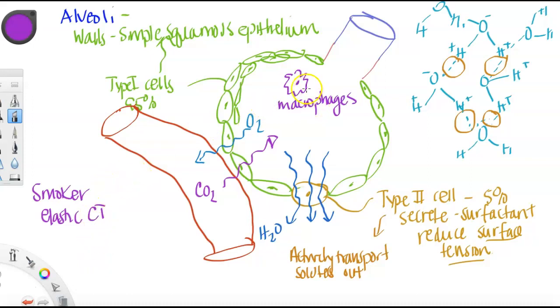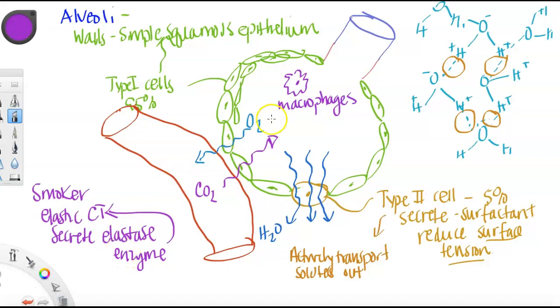So macrophages, when they're overworking, secrete elastase. So elastase is an enzyme that breaks down elastic connective tissue.